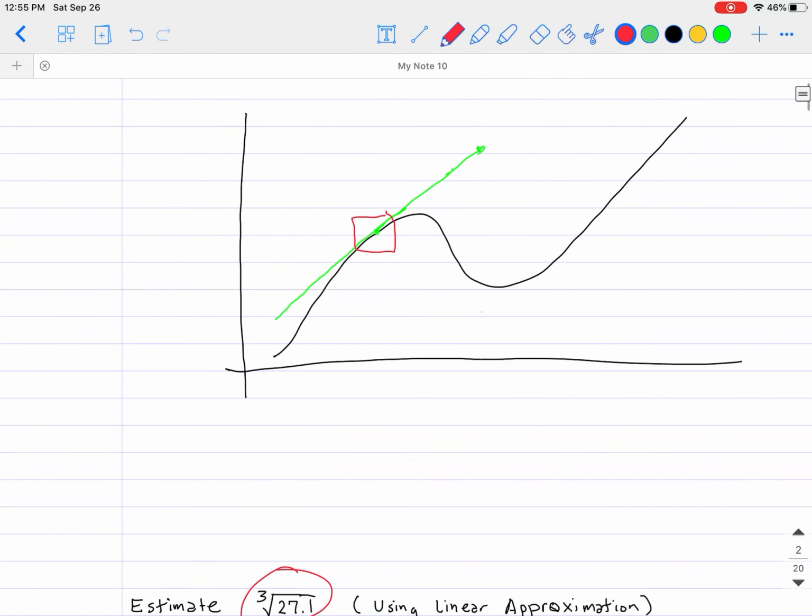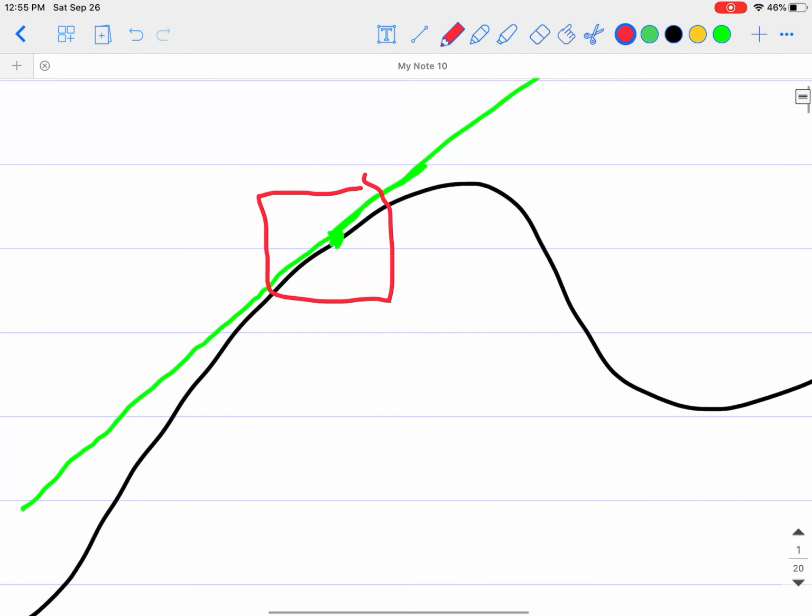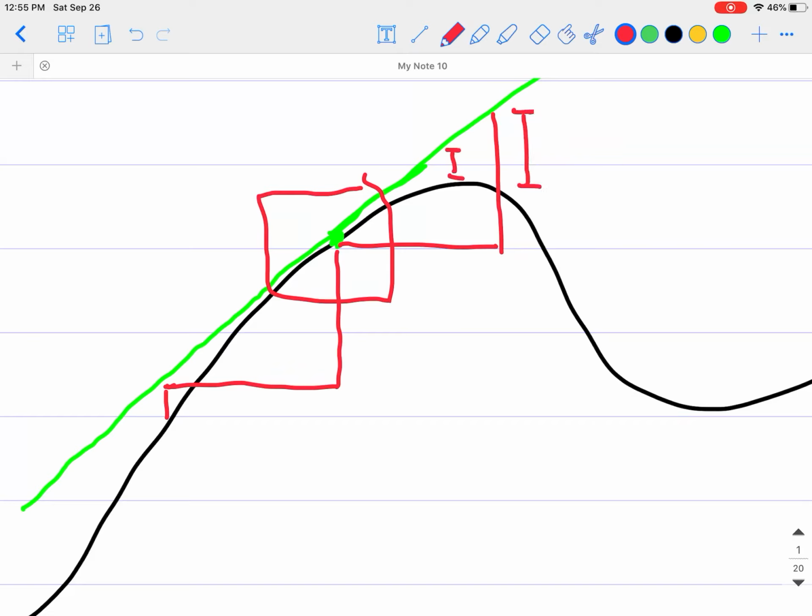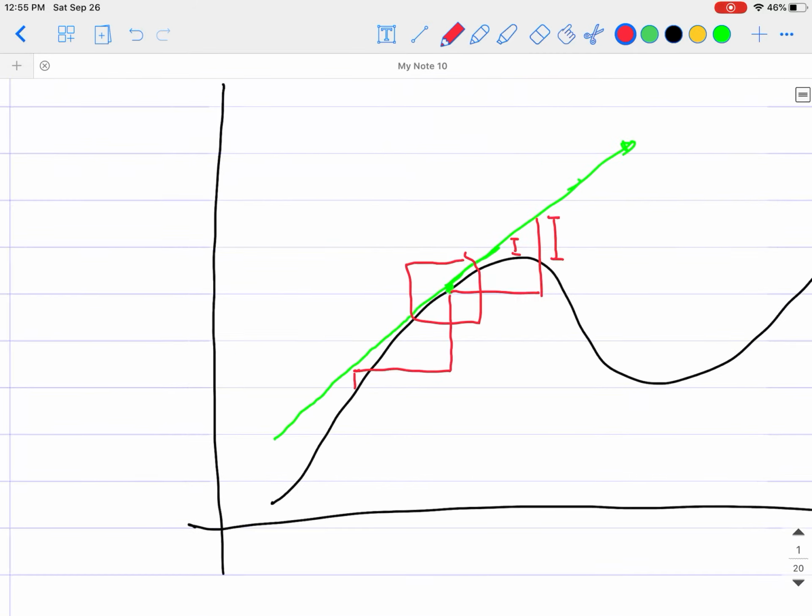If you go back to my generic picture of the tangent line and the curve locally, if you go further and further away, you'll notice that there's going to be more and more error as a result, because the two are not going to be the same. It's going to be the error between the y values on the tangent and the curve. It's going to get bigger and bigger as you go further and further away from that local linearization.